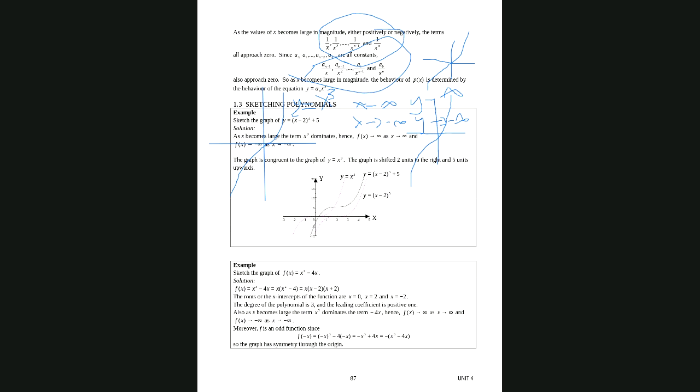So this (0, 0) will come here to (2, 5). Have you seen that? It will move to the right by 2 units and up by 5 units. So you can always plot the translation graph.